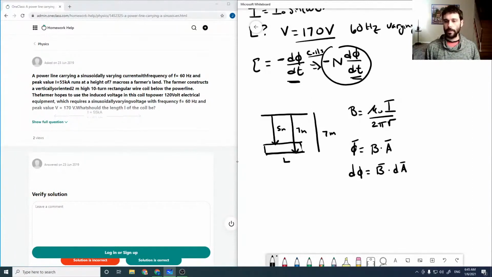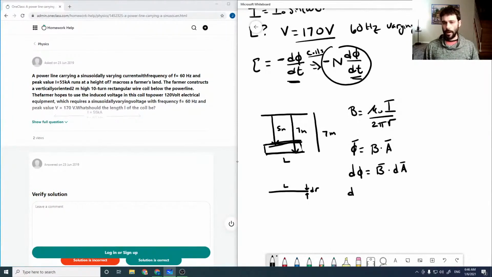But in this case, I'm going to define it as d phi is B dot dA. So some incremental flux is B dot dA, where now my dA is going to be for a small area of length L and width dr. And then I'm going to integrate it from 5 meters to 7 meters away from the power line.